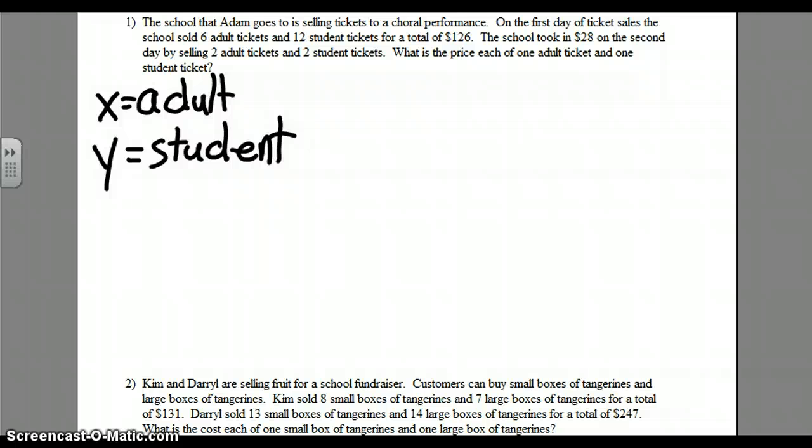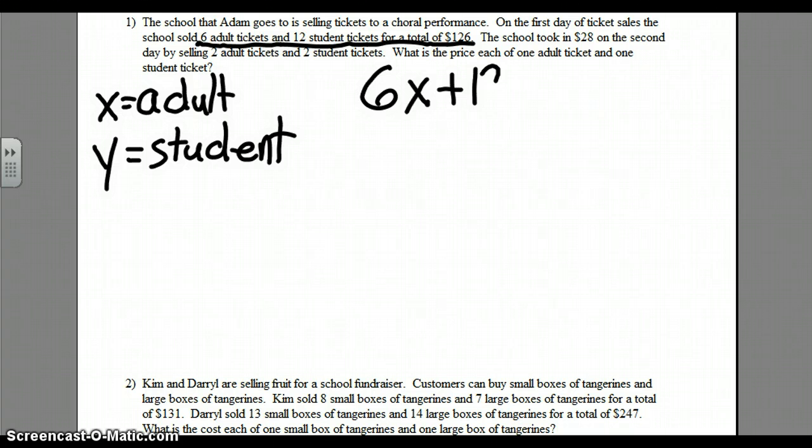Now we need to write a system of equations that we can solve for an adult ticket and a student ticket. To do that, we read this sentence here. 6 adult tickets and 12 student tickets sold for a total of $126. Well, that's an equation. 6 adult and 12 student sold for $126. All we have to be able to do is read that part of the sentence and write it as an equation.